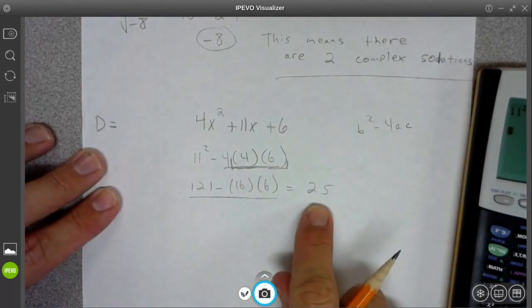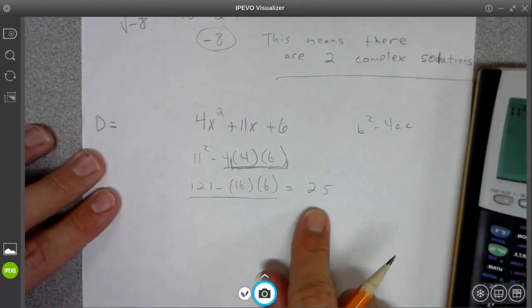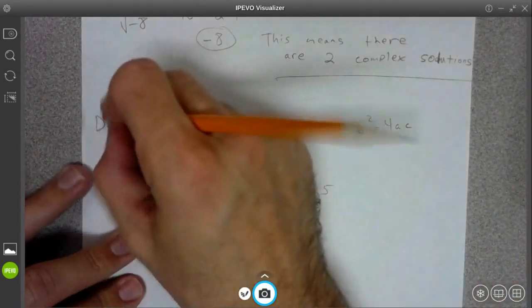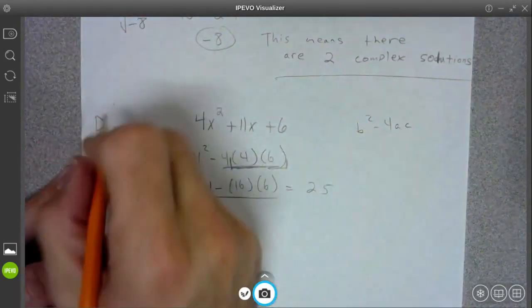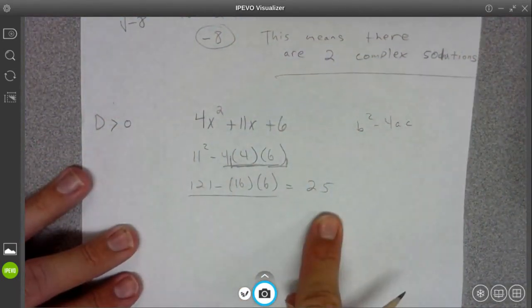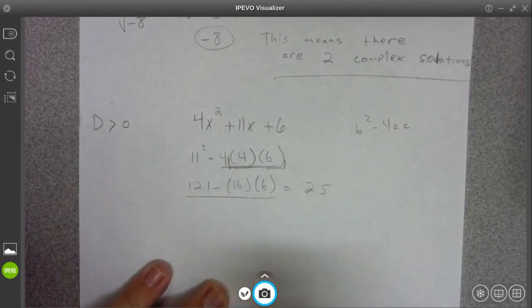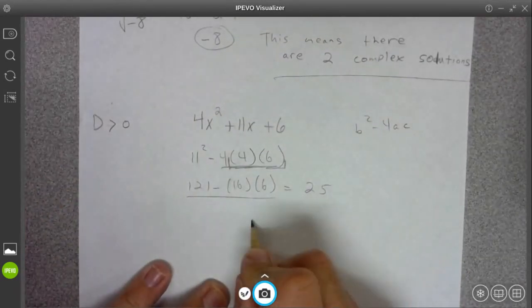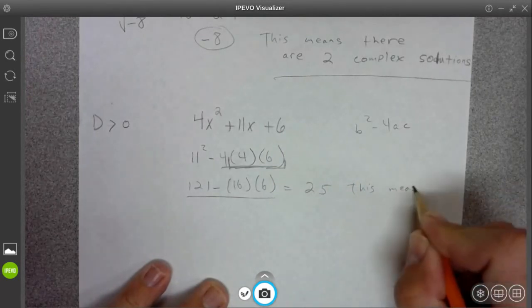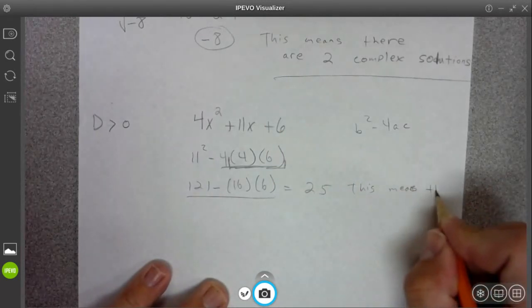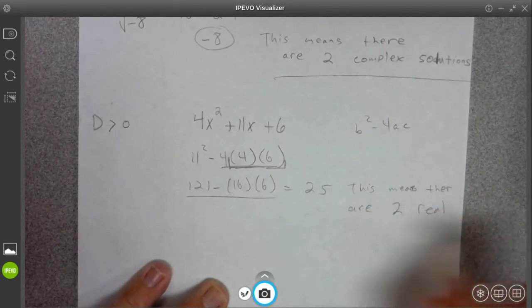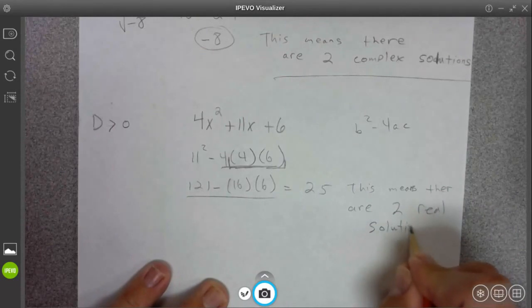So when the discriminant is positive, there's actually two meanings to this. I'm just going to change this so that its discriminant is greater than 0, because 25 is greater than 0. When the discriminant is greater than 0, this means there are two real solutions.